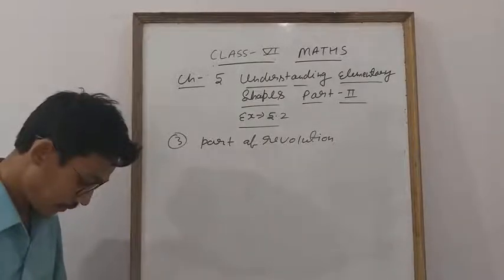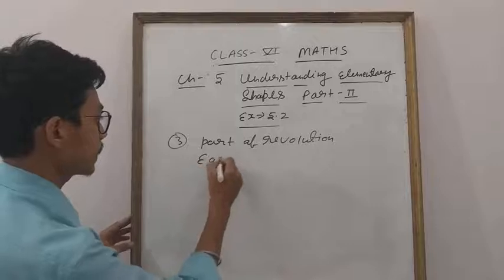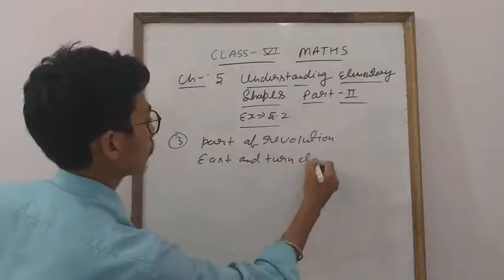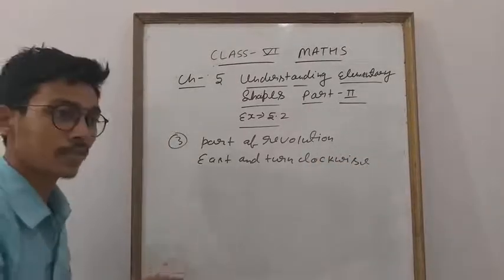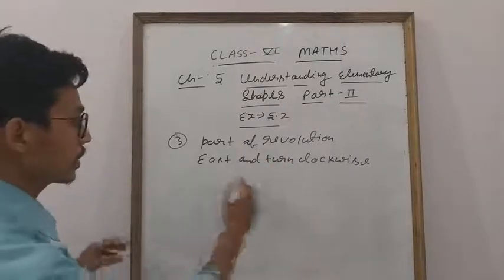The first question is given. East and turn clockwise. Now I will explain in the video what is clockwise and what is anti-clockwise. Clock means from the right direction, anti-clock means from the left direction. Now see, east and turn clockwise.